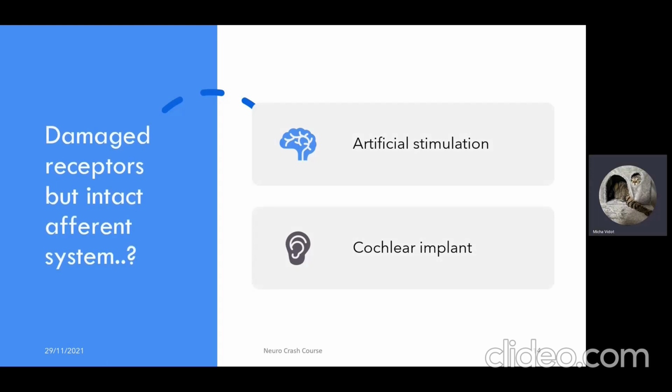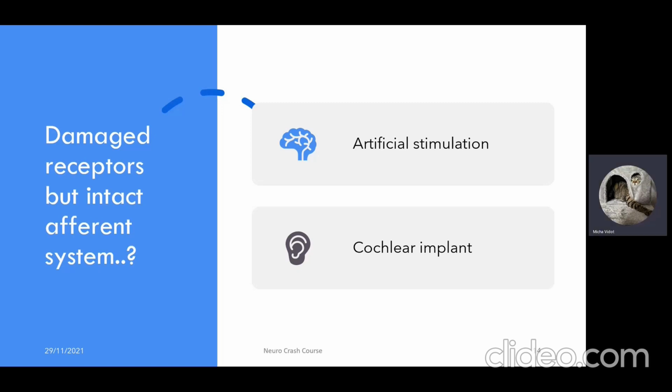If only a receptor is damaged, but the afferent system is intact, we can actually manipulate this to our benefit. So we can use devices such as cochlear implants to electrically stimulate the afferent nerve in place of the auditory receptors. And this can then be interpreted as a sensation and allow the person to perceive sound.